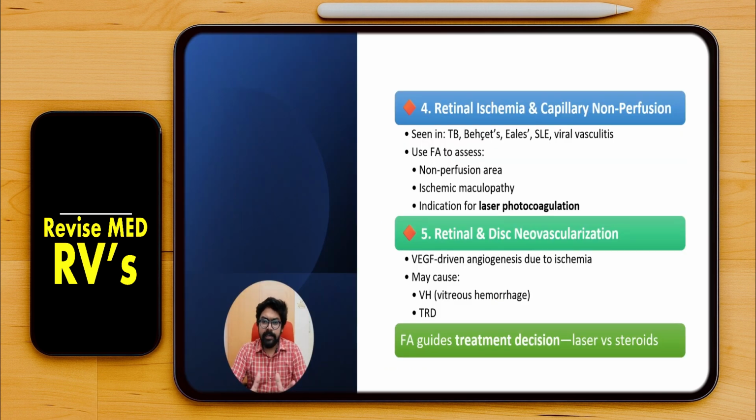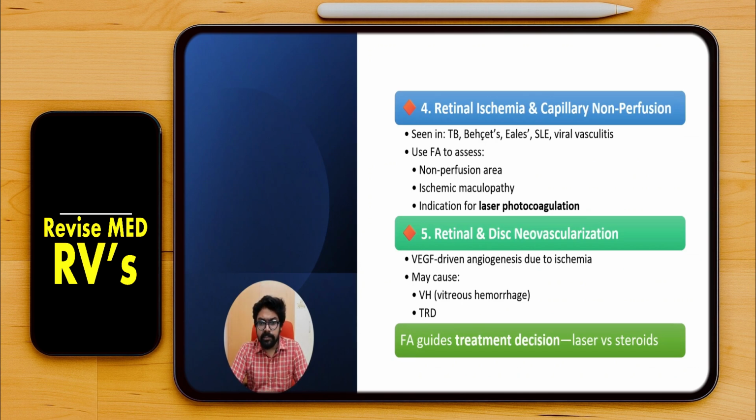Next is the retinal ischemia and capillary non-perfusion. This can be seen in case of tuberculosis, Behçet, Eales disease, SLE, and viral vasculitis. Anything which is going to affect the vessels is going to cause ischemia over there. You can use FFA to assess the non-perfusion area and ischemic maculopathy, and it's also an indication to start laser photocoagulation in the patients.